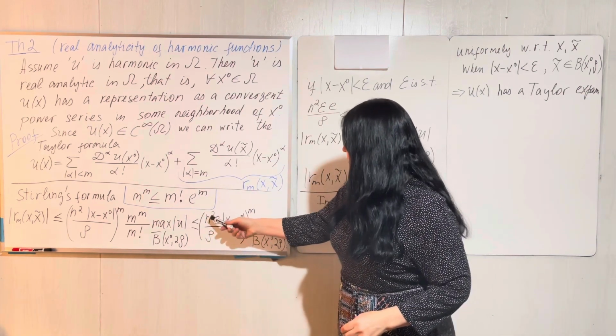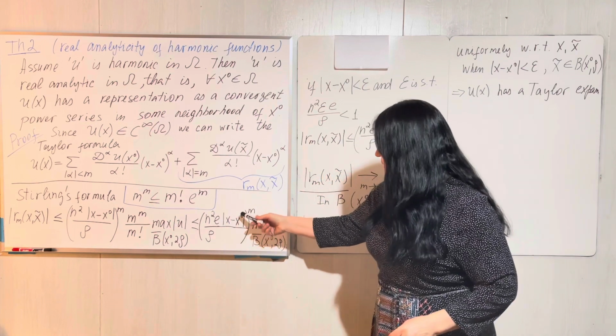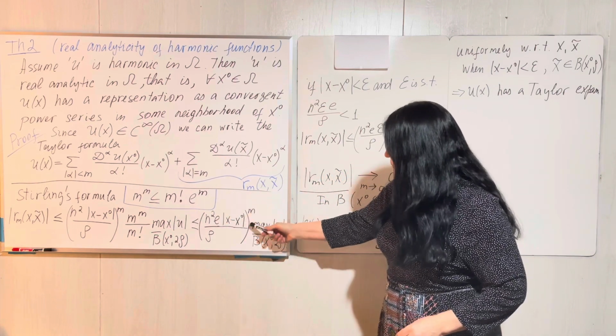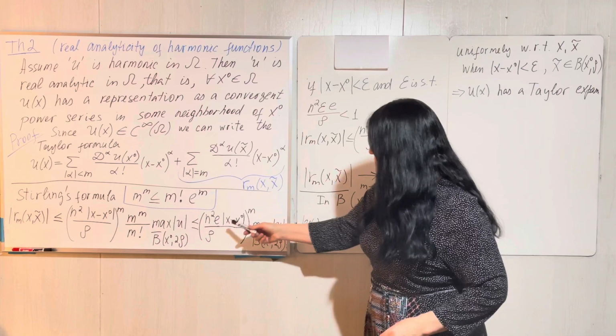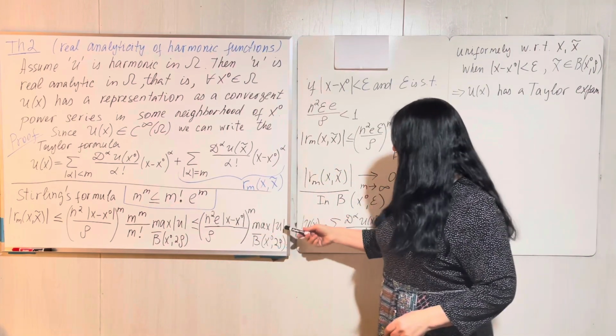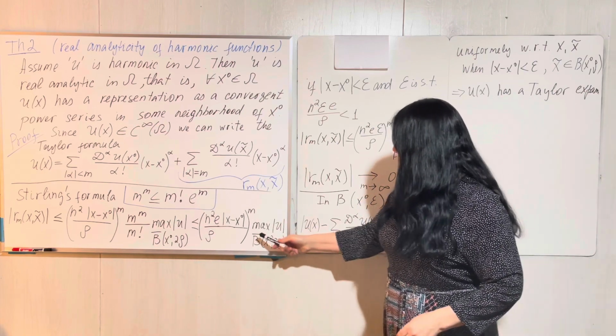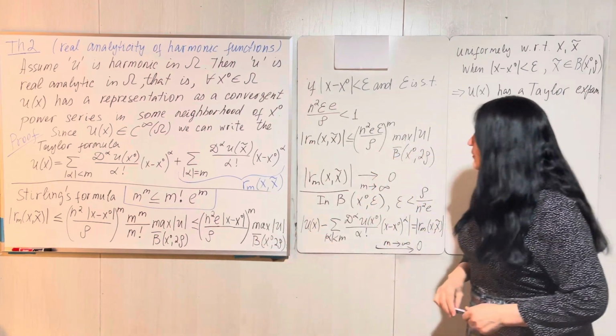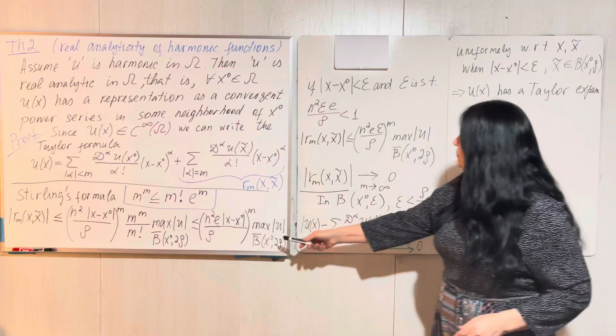We will have n squared e times the distance between x and x naught, everything to the power m, and the maximum of the absolute value of the function u over the closure of the ball.